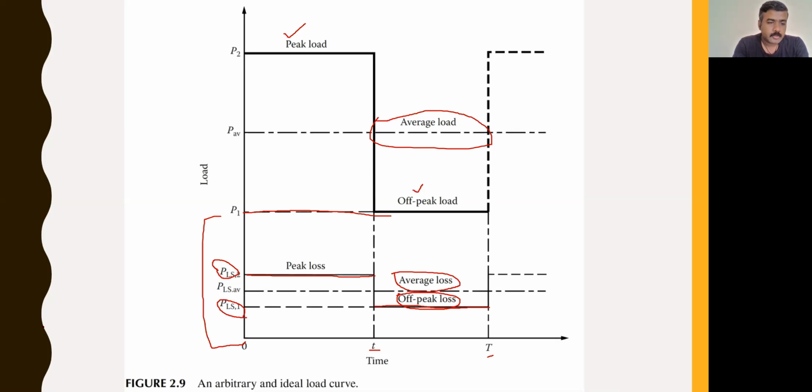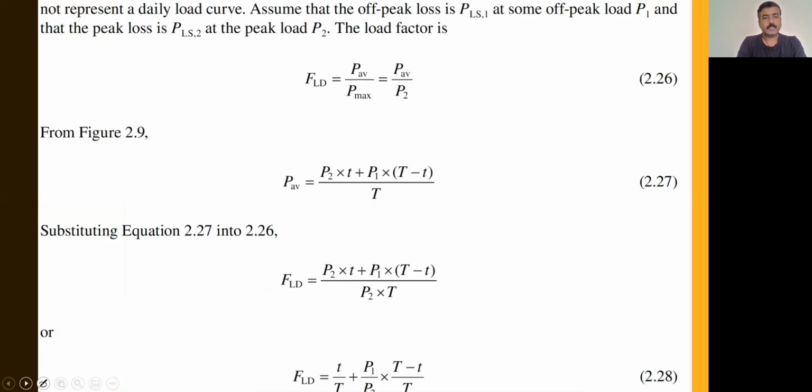Let us see this graphical representation as a mathematical expression, as shown here. Load factor can be considered as P average to the maximum value, P2, which is the peak load.